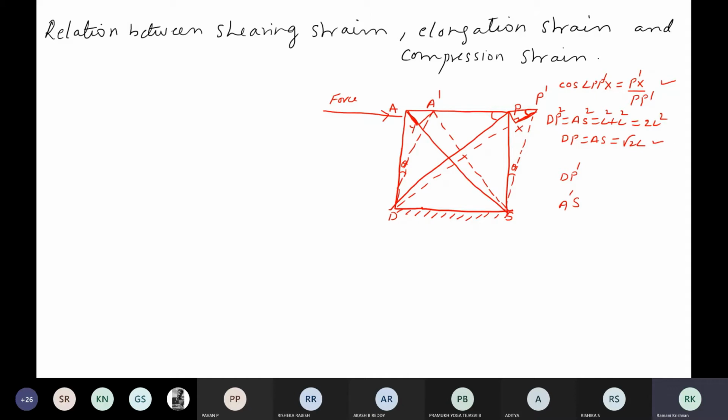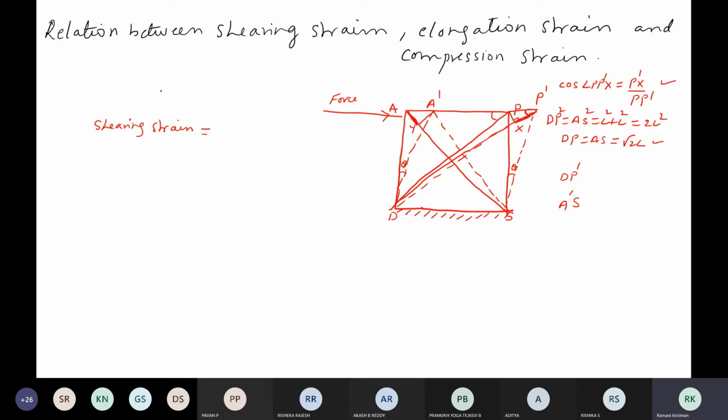Now students, this angle theta is the shear, our body got sheared. Now from this diagram itself you can see the effects of the shearing strain. Because of this theta, what has happened? There is an elongation strain produced, and at the same time there is a compression strain produced because of theta.